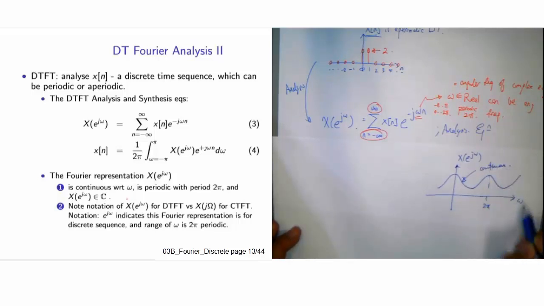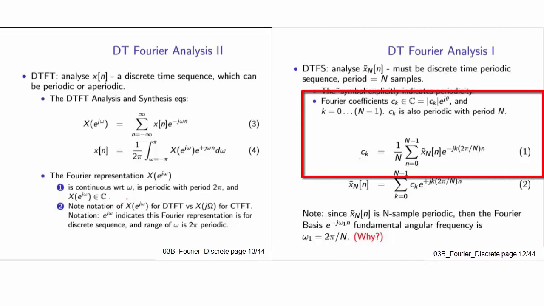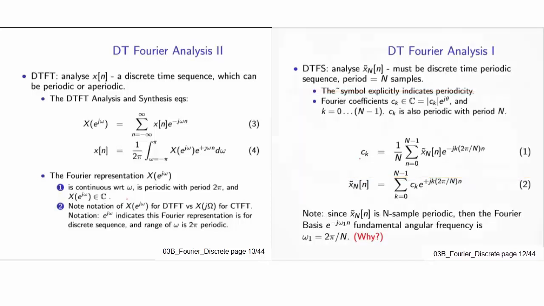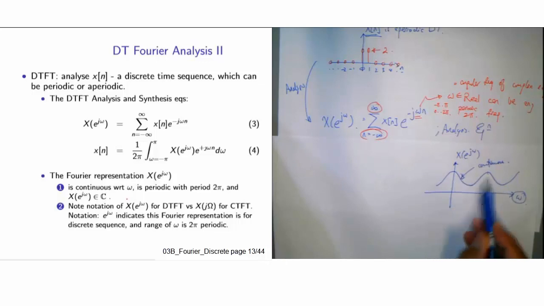At every real value of omega, there is a value of X(e^(j omega)). It is unlike the discrete time Fourier series, where the coefficients of the analysis are at discrete frequencies at k, where k is 0 to N minus 1, or k multiplied by the fundamental frequency 2 pi over N. But in this particular case, our friend here is continuous.